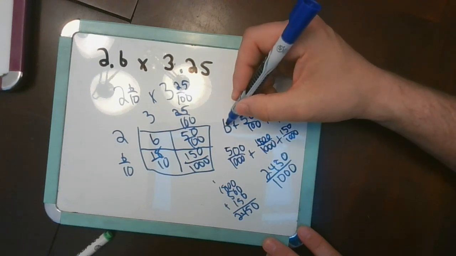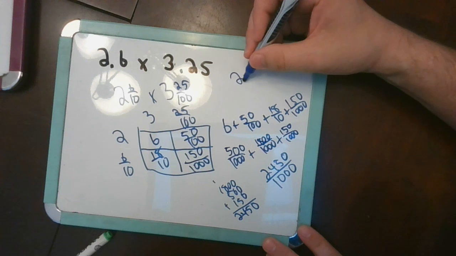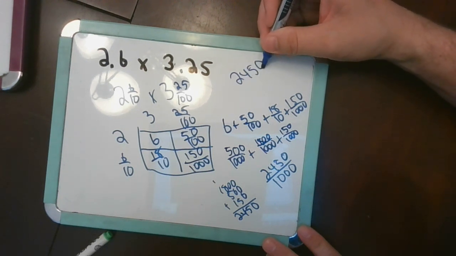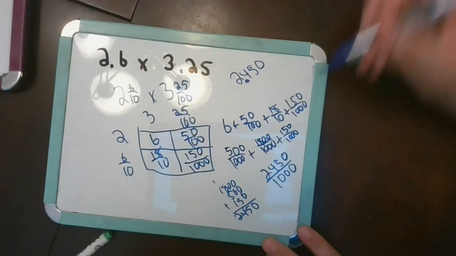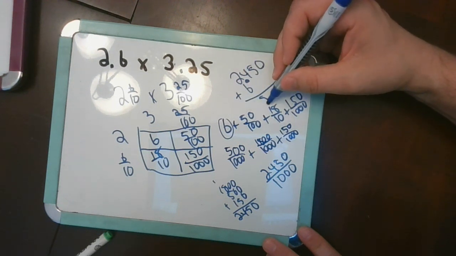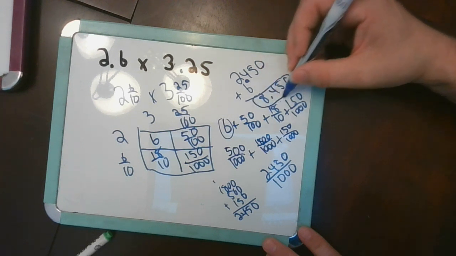Well, we have 6 here too. So let's change this part into a decimal. 2,450 thousandths. I want this number to be in the thousandths. So that's hundredths, tenths. So that's ones. And then we've got to remember, I had this 6 here. So add 6 more on, and we end up with 8.450 as my end answer.